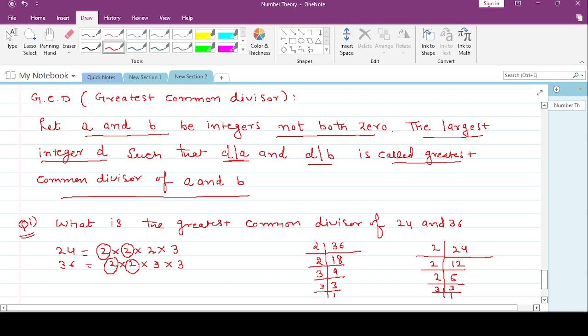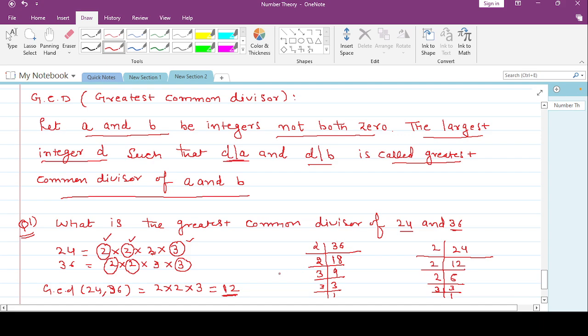Then 2 comes here, but the next time 2 does not come in 36, so leave it. Next number is 3; 3 comes here, and here also we have 3. Now you notice how many common numbers they have. They have 3 common numbers. So GCD of 24 and 36 is simply the product of these common numbers. So 2 into 2 into 3, what is it? It is 12.